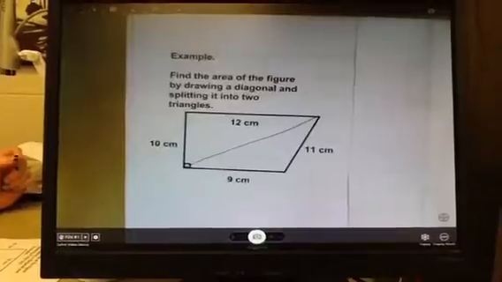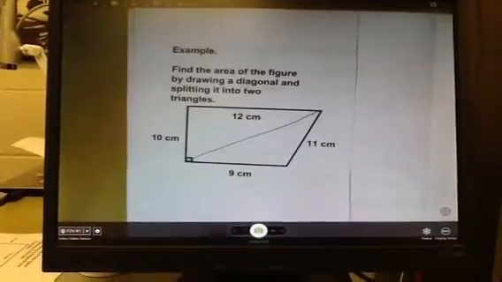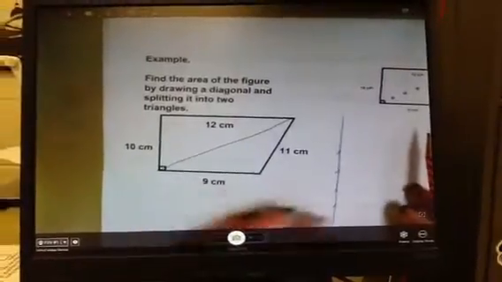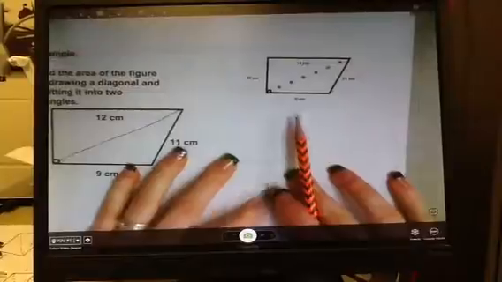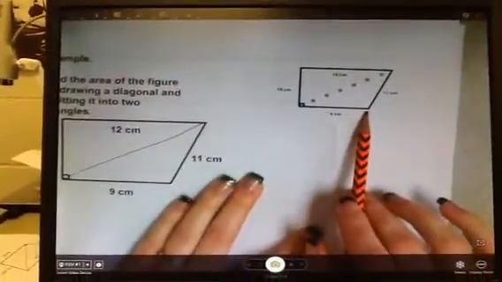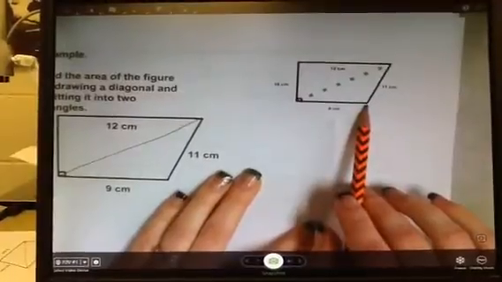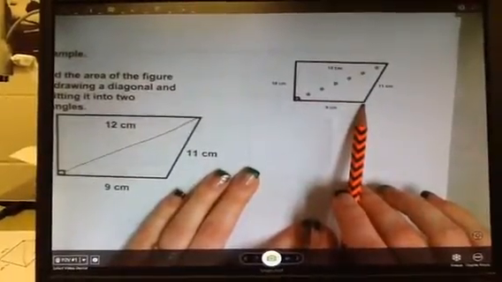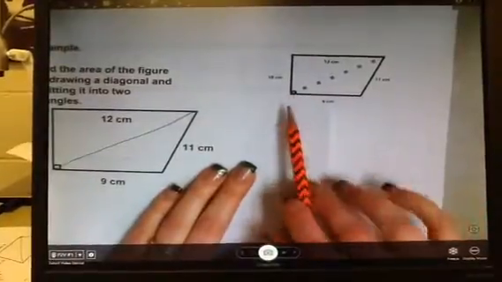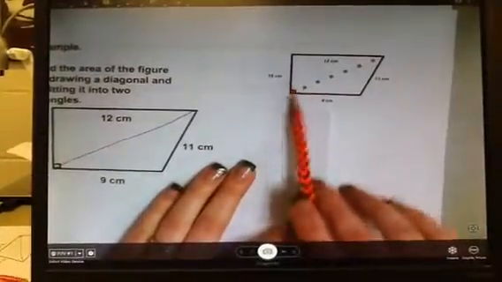Okay, now that you've had time to work, let's go over this. So my first triangle, I have a base of 9, and my height, if we remember, my base and height of any shape has to form a right angle. So the base of this triangle is 9, but the height is going to be 10.